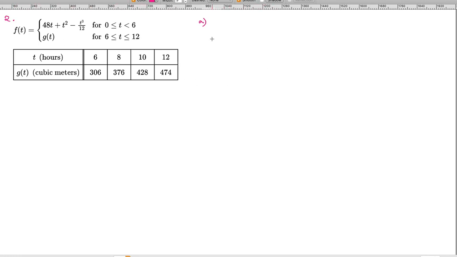So again, the average rate of change between t1 and t2 is given by the slope of the secant line joining those points.